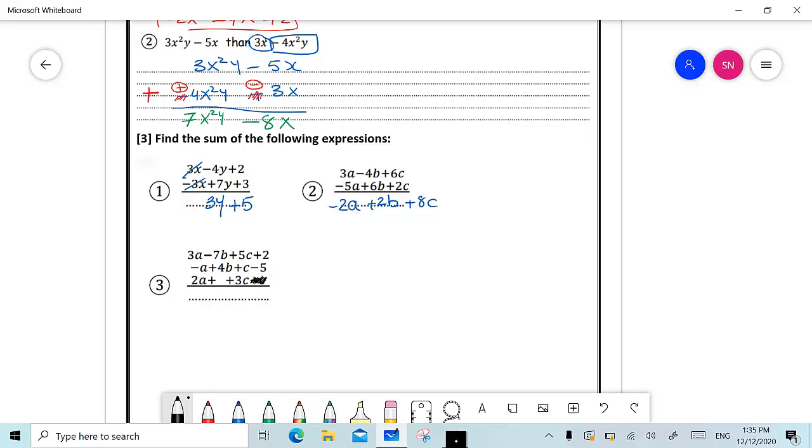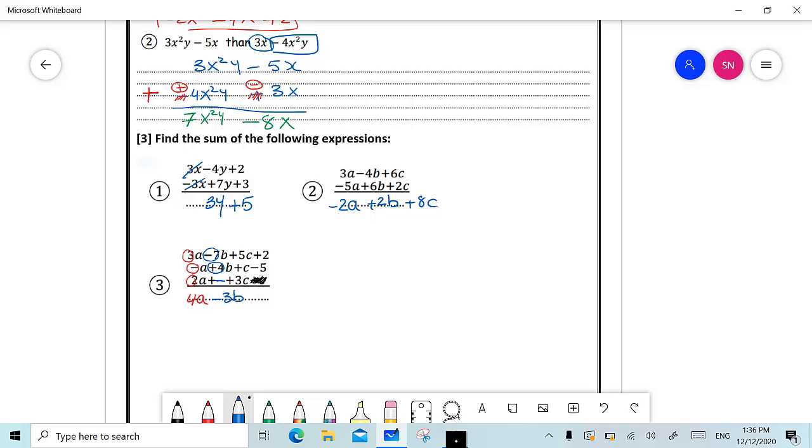What's going to be the answer for a? We said that we are going to add the coefficients. So positive 3 plus negative 1 plus positive 2, this is equal to 4a. And negative 7 plus 4 plus 0, this is equal to negative 3b.